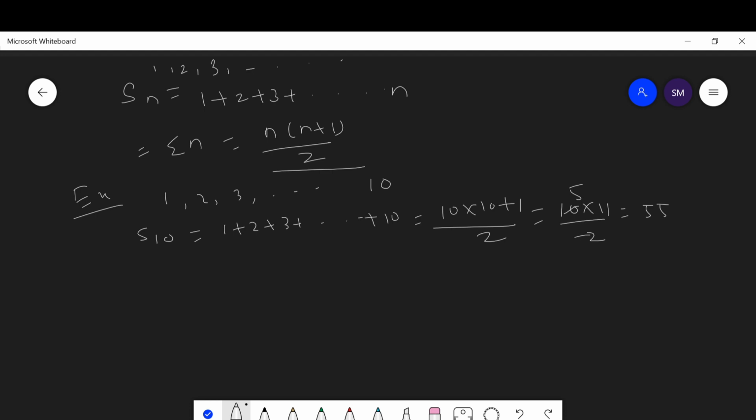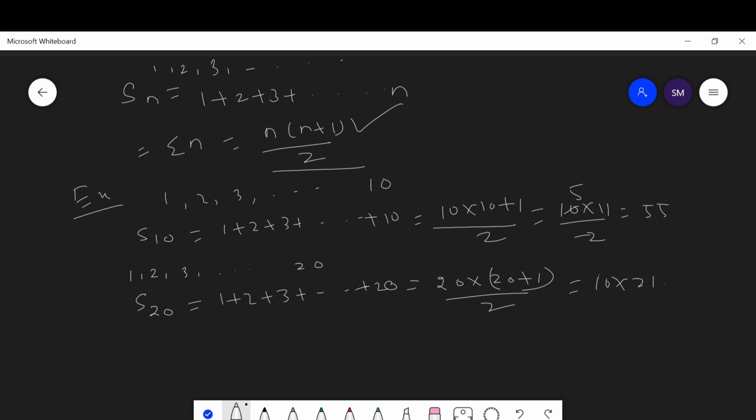If you have to find the sum up to 20, S of 20 is 1 plus 2 plus 3 up to 20, which is 20 into 20 plus 1 upon 2. This is equal to 10 into 21, which is 210.